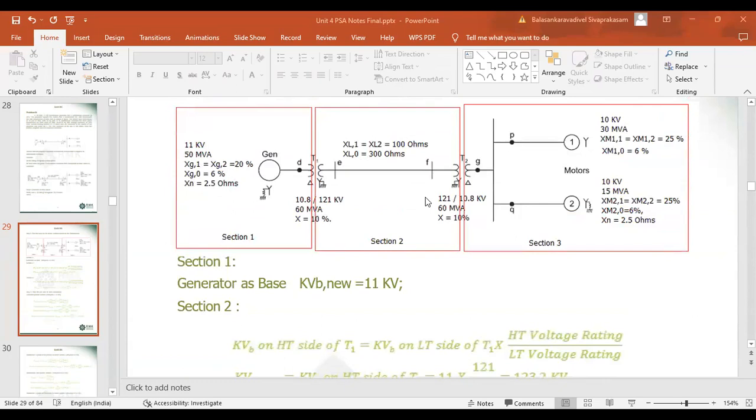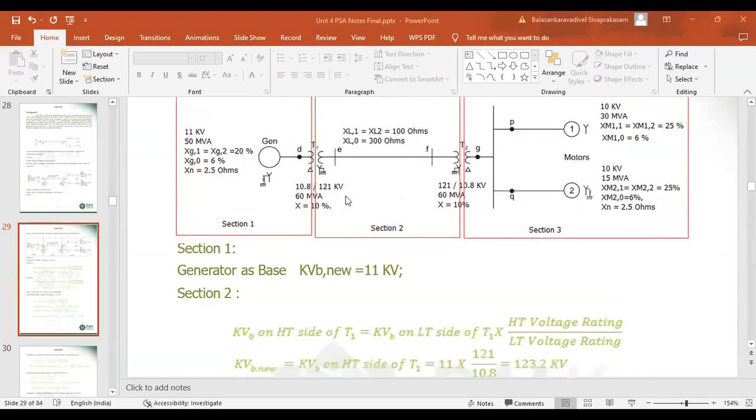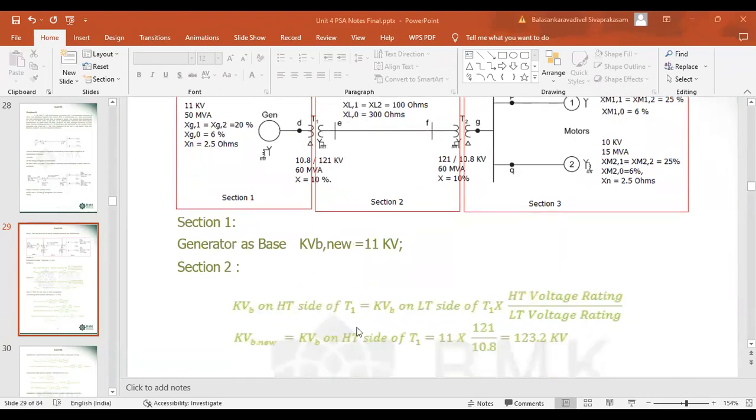Coming to section 2, here this transmission line is connected to the high voltage side of the transformer T1. So what is the formula we can apply here to calculate the new kVB on the HT side of transformer T1? It is kVB on the LT side of transformer T1 into HT voltage rating divided by LT voltage rating.